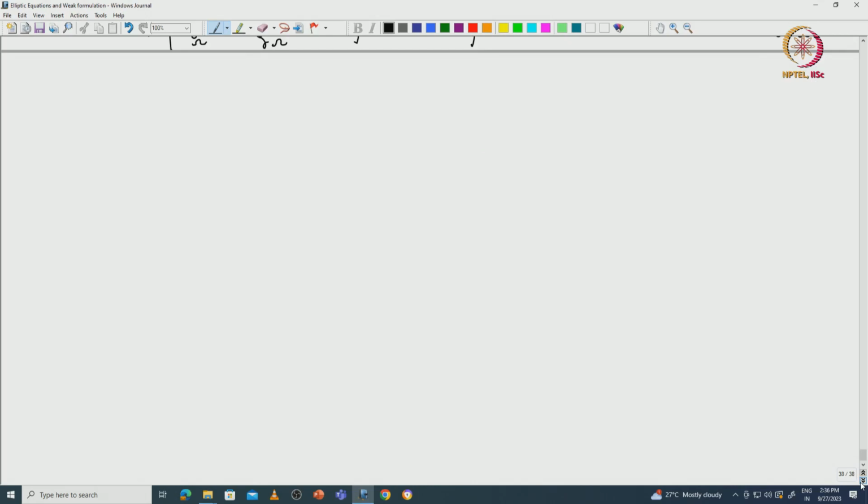So, now let me make some remarks. I thought I would cover a little more, but let me make a couple of remarks. See the Dirichlet condition. The Dirichlet condition is specified on the space.